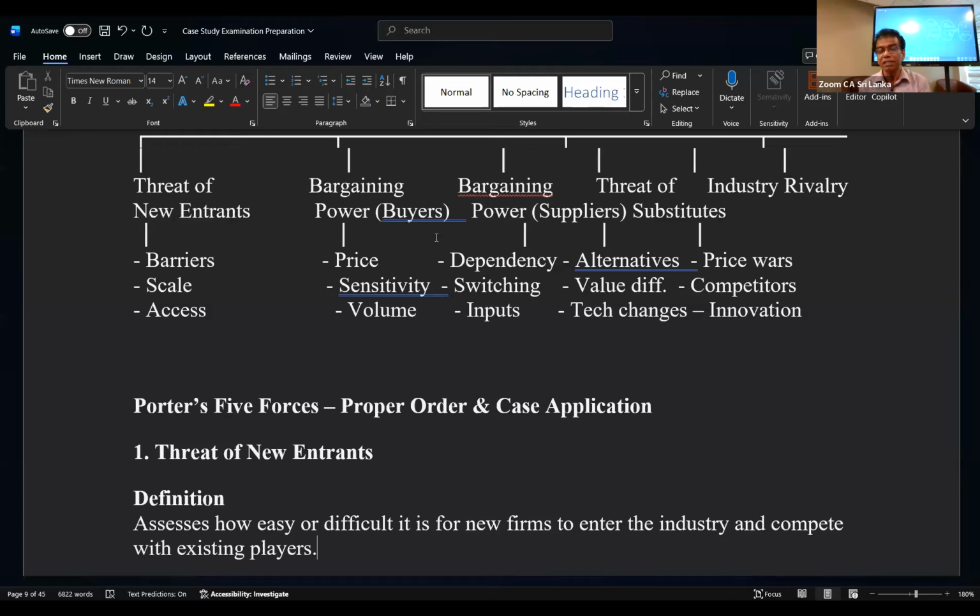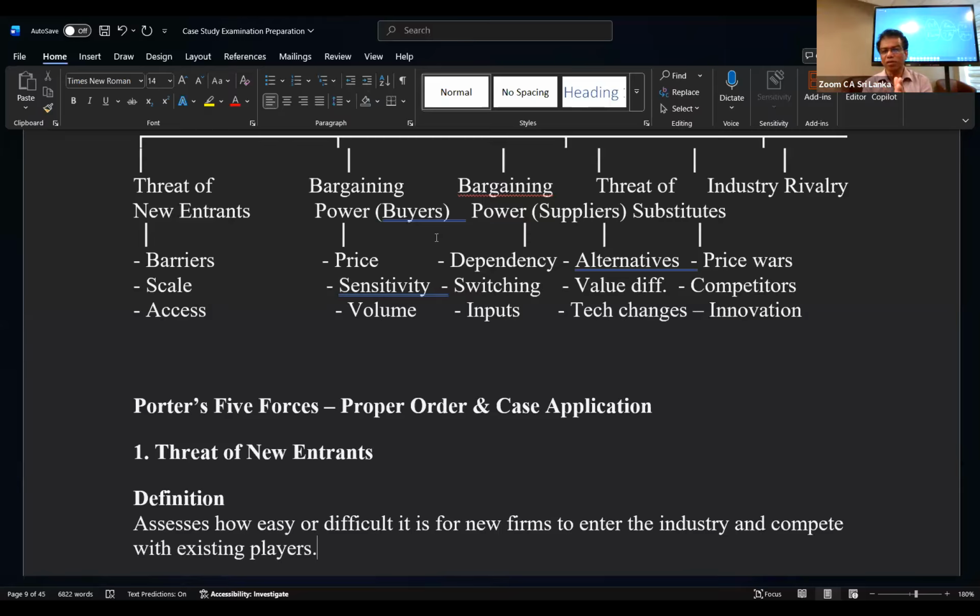Sometimes certain local suppliers lose their power because there are various others. But if the electricity board supplies you, their bargaining power is very high, and they are a monopoly. So they are not the only supplier. It depends on your product.